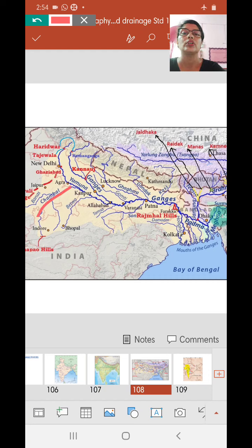Here you can see northward flowing rivers like Chambal, Betwa, there's Ken somewhere, there is Son here. These become tributaries of river Yamuna and river Ganga, and therefore they are taken as part of the Himalayan drainage itself.